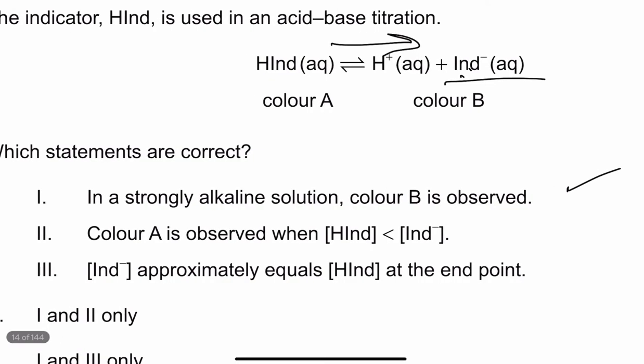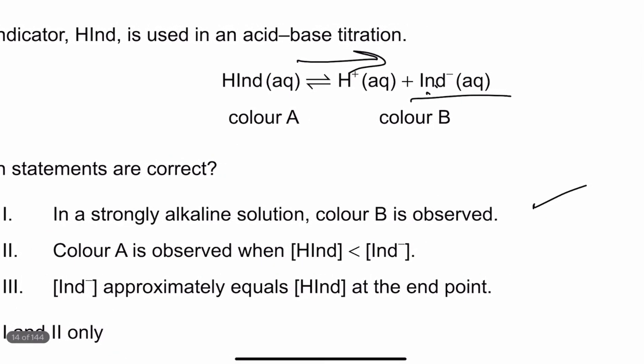Color A is observed when the concentration of HIND is less than IND minus. And this is a common mistake that students make, and I recognized it as soon as I saw it, actually. Because look, we have a higher concentration of IND minus. You might think that the equilibrium shifts to the left, so color A is observed.